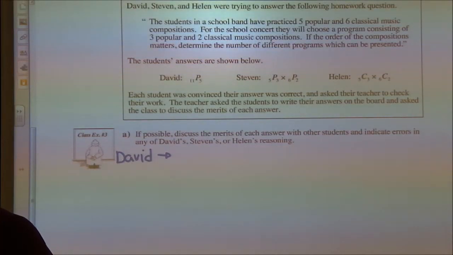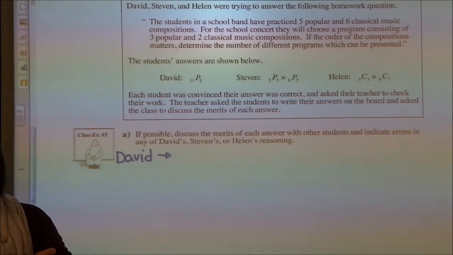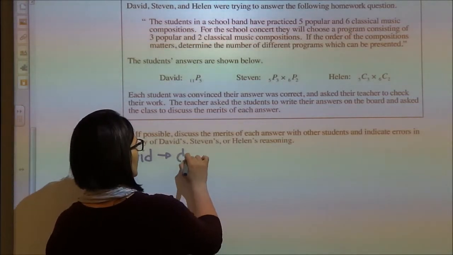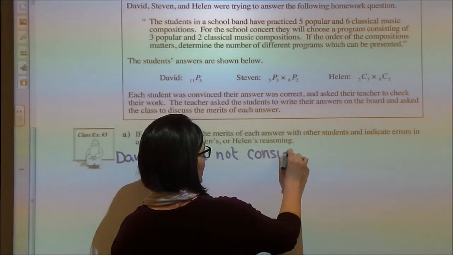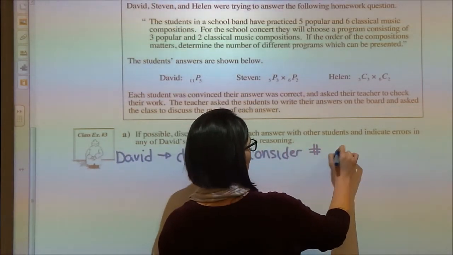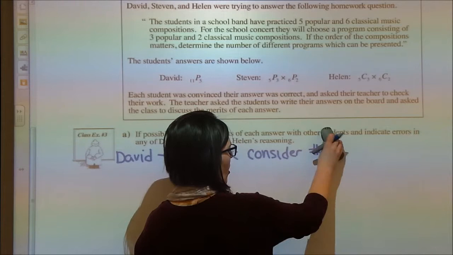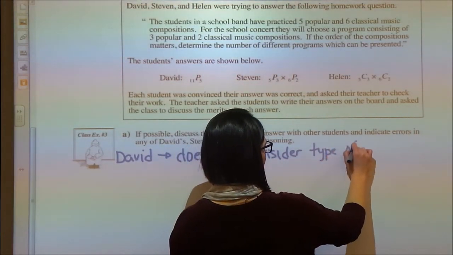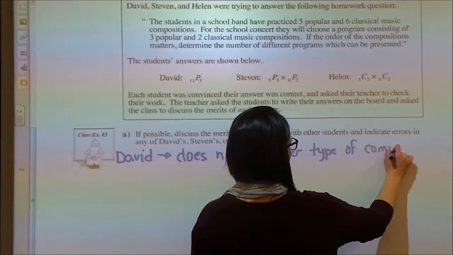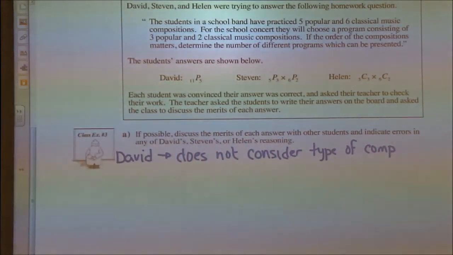He's picking 5 out of the 11, so he's not making sure that he has 3 popular, 2 classical. Right. His way could end up with 5 popular songs and no classical. So he does not consider the type of composition, I guess, would be the best. He's just picking any 5 out of those 11.